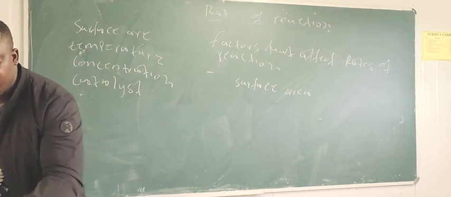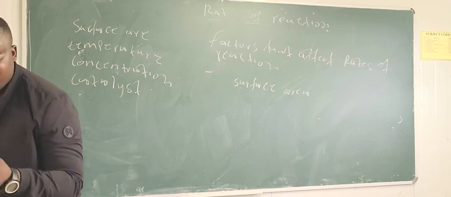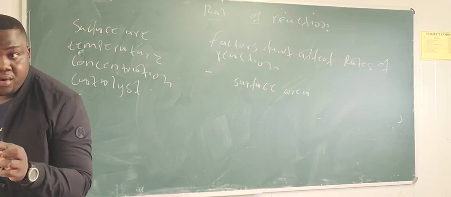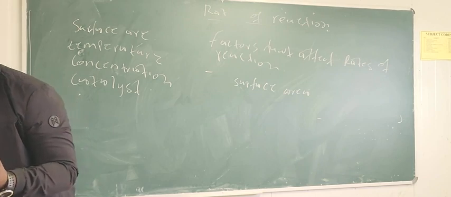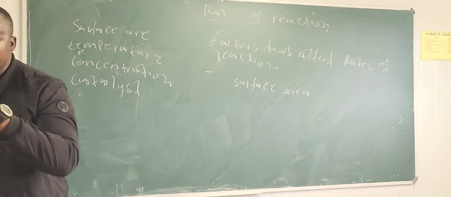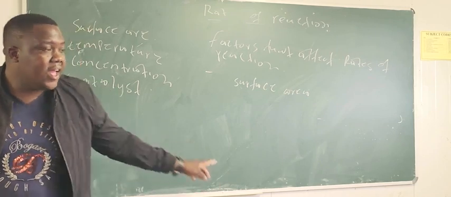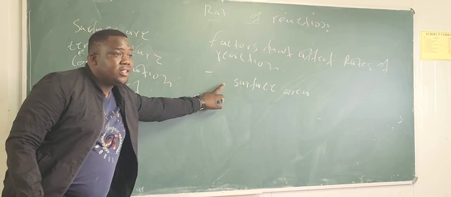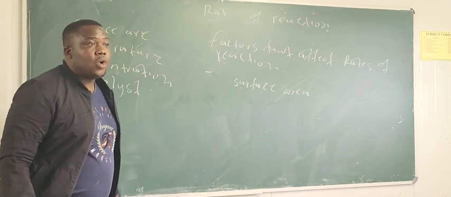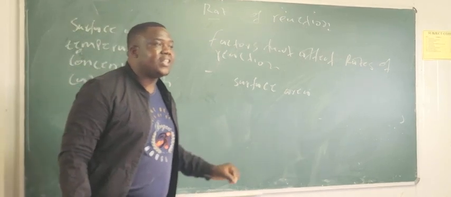You understand? It means you are concerned with the rate of reaction, the reaction occurring faster. There are factors that cause rate of reaction to be faster or slow, and the first factor is surface area.